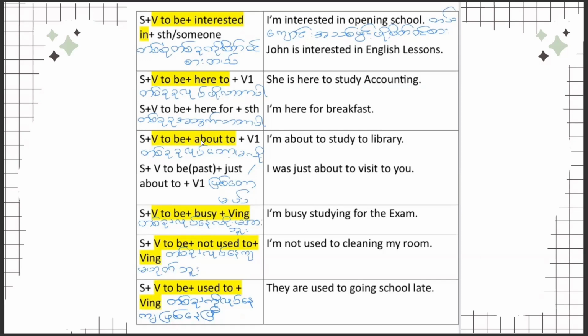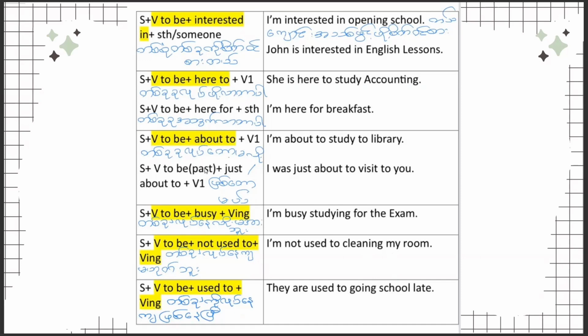And then subject plus verb to be plus about to plus verb 1. It means being about to do something. I'm about to study at the library. Then subject plus verb to be past plus just about to plus verb 1. Verb to be past means was, were, because am, is, are are present tense.